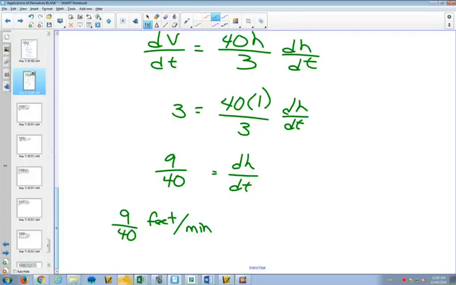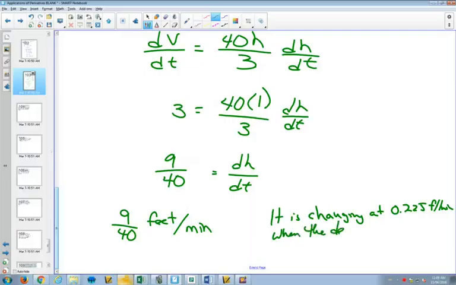So when the depth is 1 foot, the height is changing at 9/40 feet per minute. If you want to change that to a decimal, 0.225. So it's changing at 0.225 feet per minute when the depth is 1 foot.